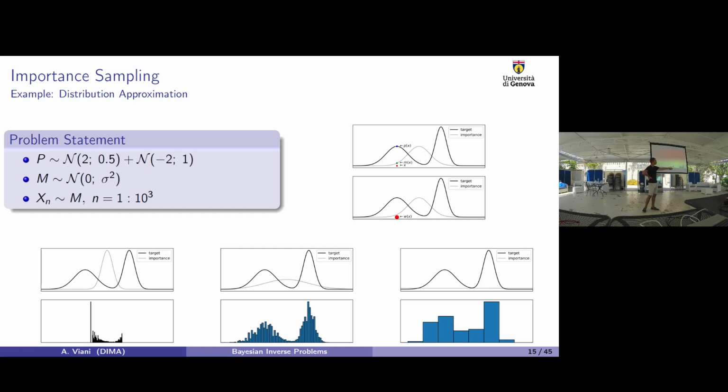I know that there are two means, so there are two Gaussians with such mean. Of course, this is a toy example where I know everything. Just think that sometimes you don't know the means and you want to find them. So you propose at each time, but this is Markov chain, and we will see it in a little bit.